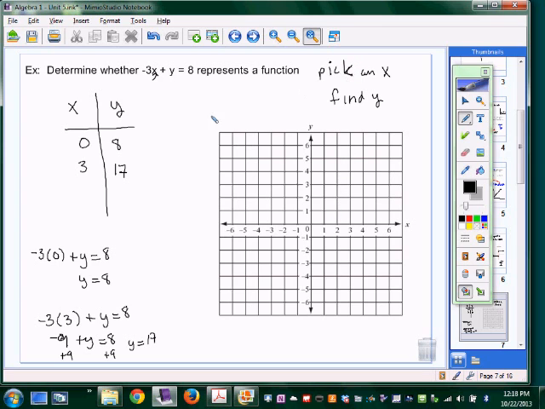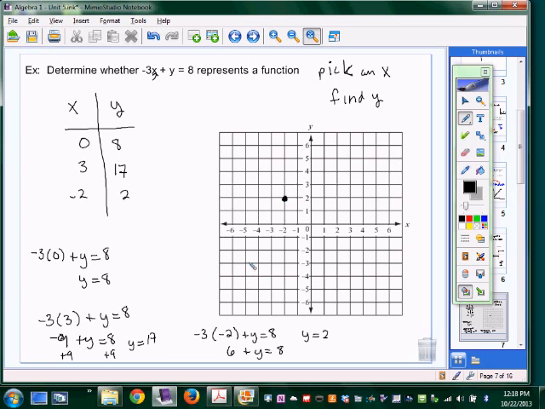So why don't we try numbers smaller than 0? -2. -3 times -2 plus y equals 8. There are 2 negatives, so that's a positive 6, so y is going to be 2. So I get -2, 2.